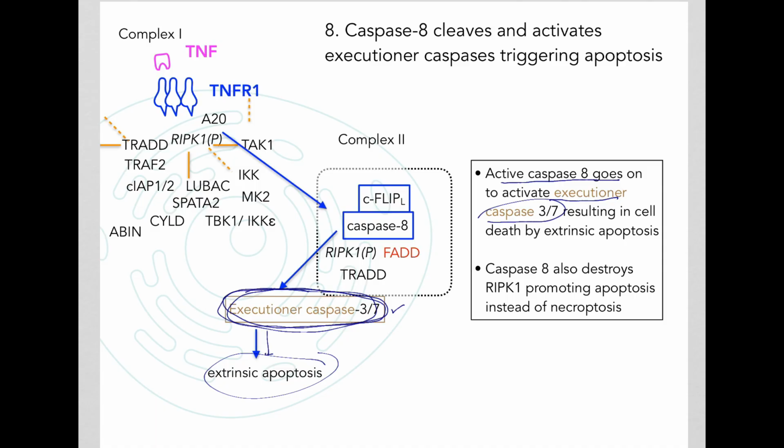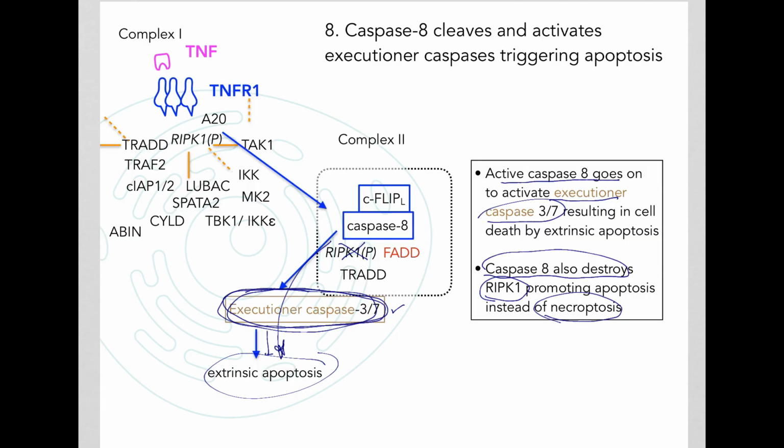Now, caspase 8 also destroys RIPK1 activity. Okay, it cleaves RIPK1, and this also helps promote apoptosis instead of necroptosis.